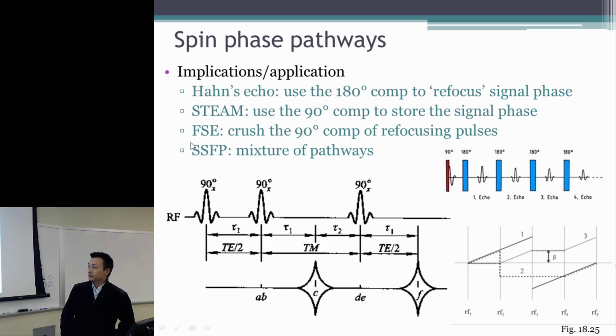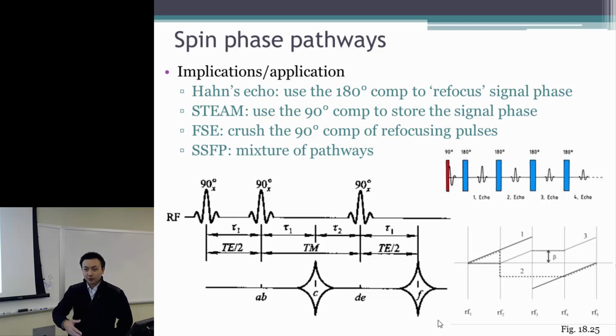If we only use this stimulated echo, we can use it to do imaging or sometimes MR spectroscopy. But in fast spin echo, this stimulated echo can correlate with the RF pulse itself so that it will destroy the signal coherence.